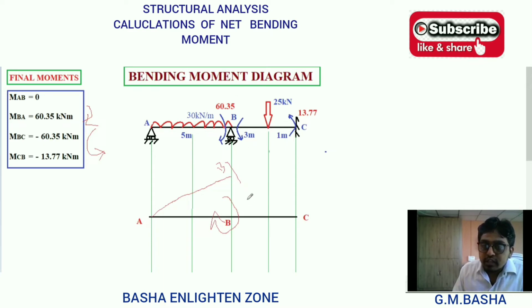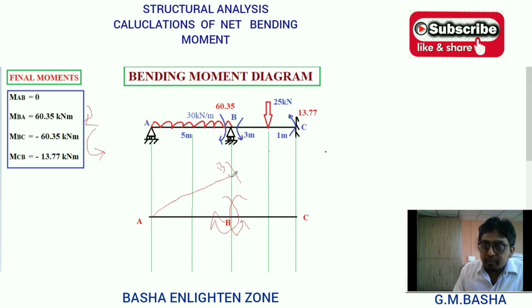Similarly, from the opposite direction in the span BC, an anti-clockwise moment acting here means the initial position of the beam BC will be like this. After application of the force, it will move in the forward direction up to this same 60.35 position only.